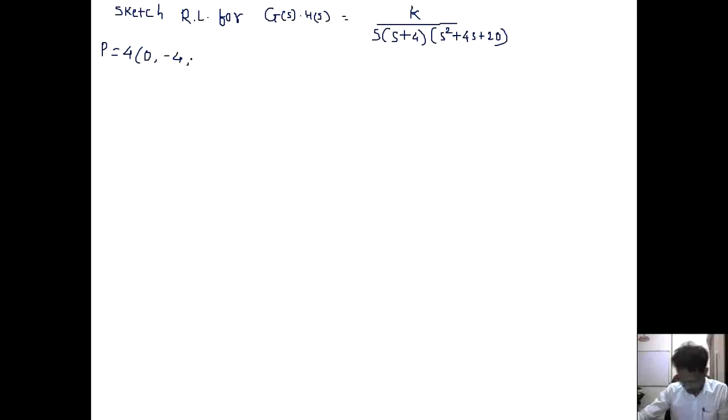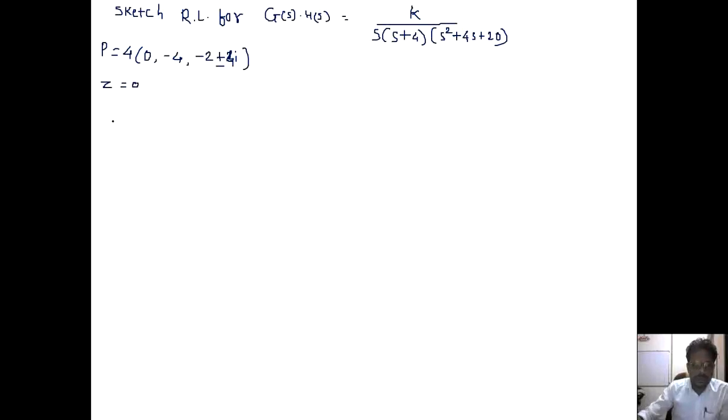Then if you solve this quadratic equation, we will get a complex conjugate pair, -2 plus 4i and -2 minus 4i. So 4 poles we have and we don't have any zero, so z is equal to 0.